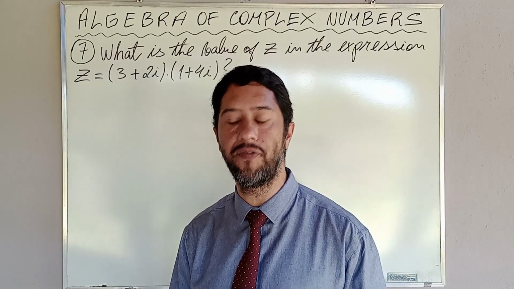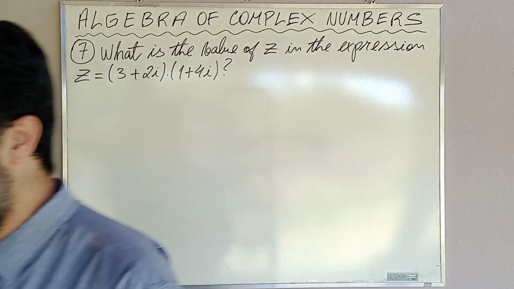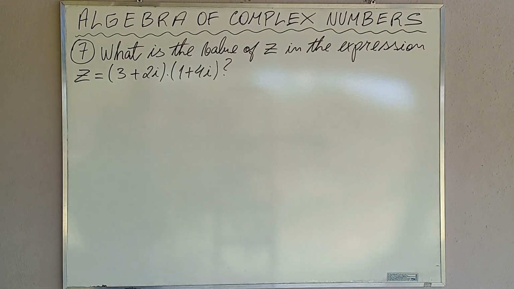Exercise number 7. What is the value of z in the expression z is equal to (3 plus 2i) times (1 plus 4i)? This is the question. Let's go to the solution. Multiplication follows the distributive law. What does it mean?